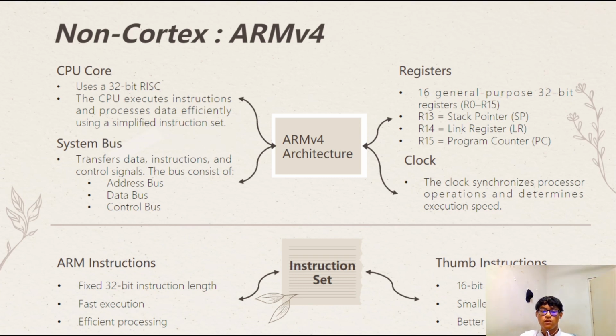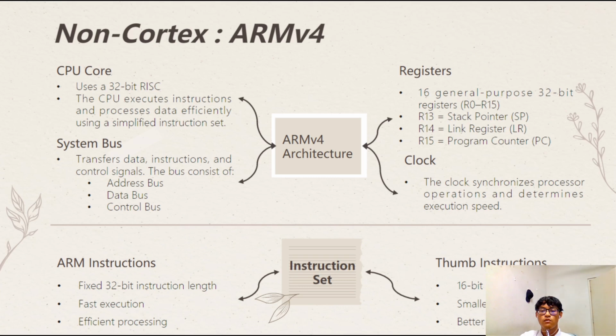The next one, for the registers, ARMv4 has 16 general purpose registers. First one is R13, which is equal to the stack pointer. It is used for function calls and also local variables.